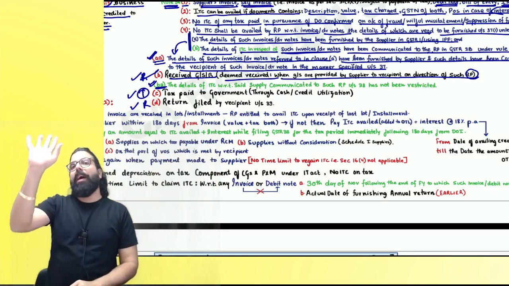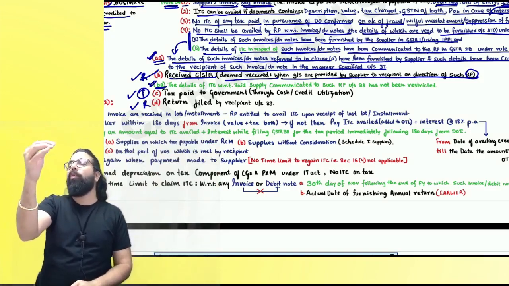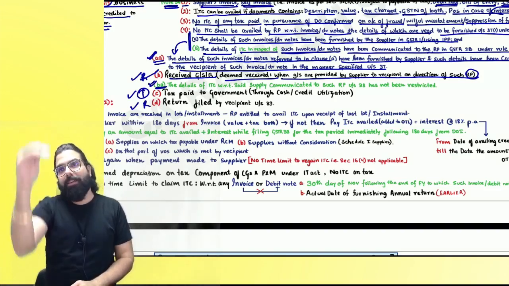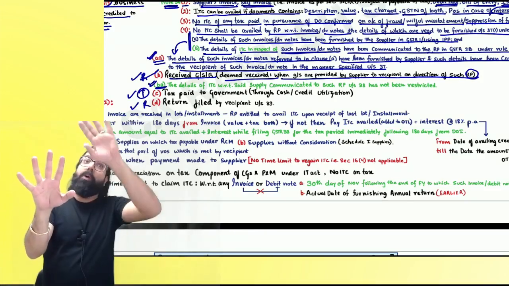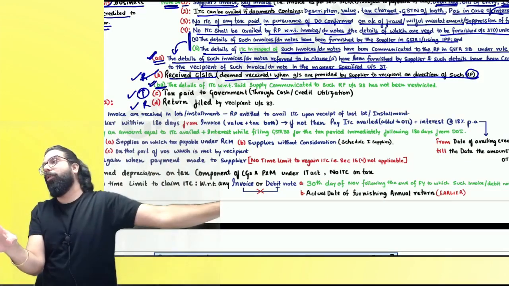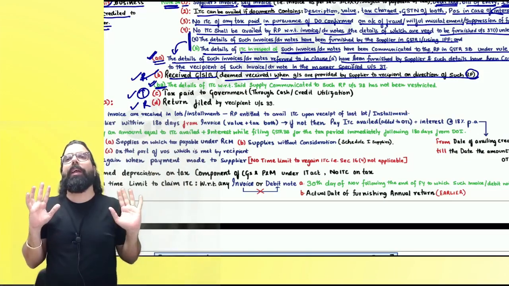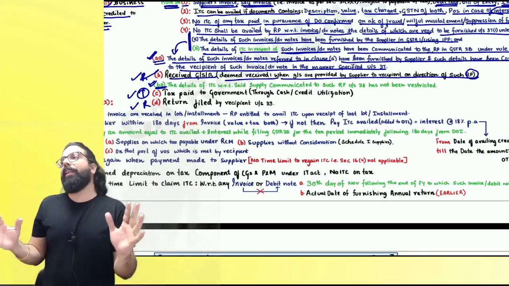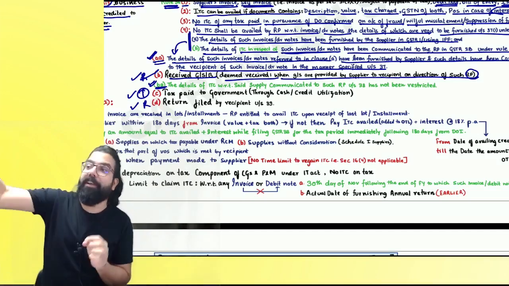One will be the unrestricted ITC, which if you want, you can avail. Might be if something is personal, don't avail. Out of the eligible ITC, you can avail. But out of the ineligible ITC, meaning which is restricted, you will not be able to avail. And that is what they are telling. Whenever you want to take ITC, you will not be able to take the ITC if the ITC has been restricted.